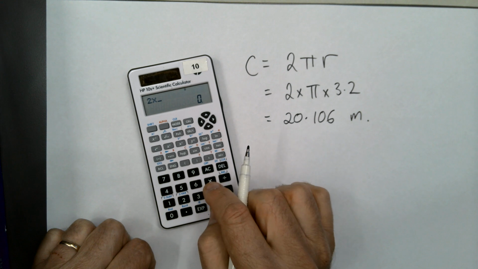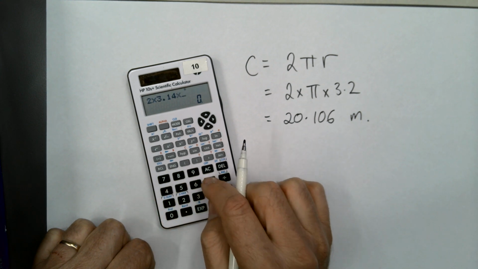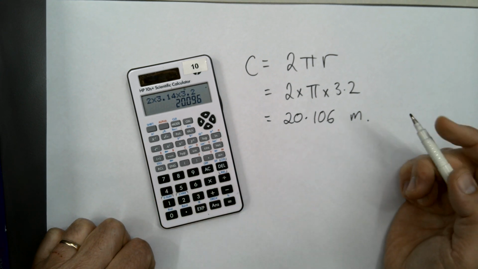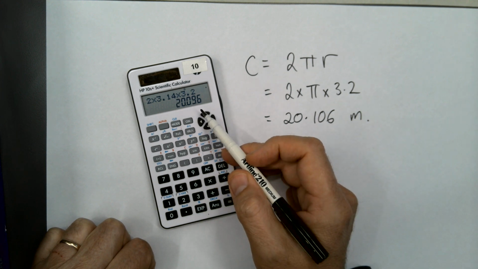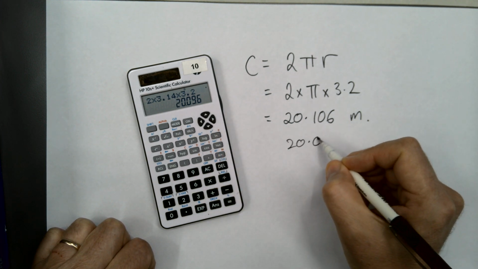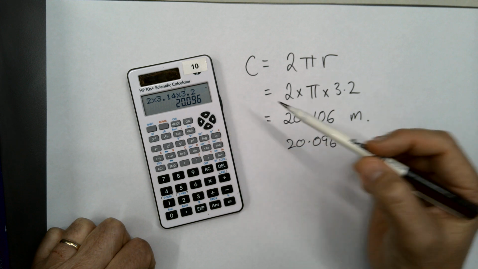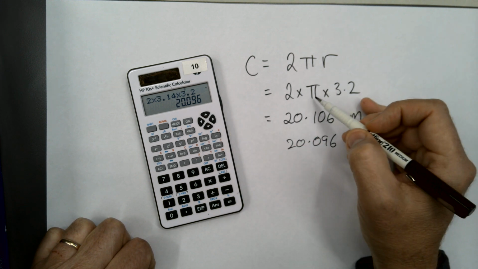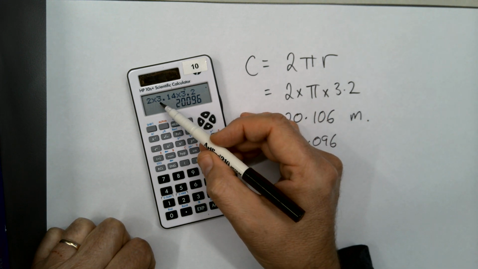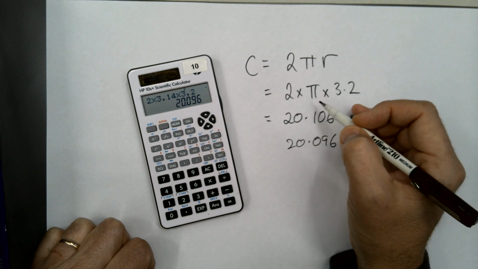Now, what if I did just use 3.14? So if I go 2 times 3.14 times 3.2, I got 20.096. Now, they're not wrong. It's just the fact that I used a shortcut. I used 3.14 for pi.